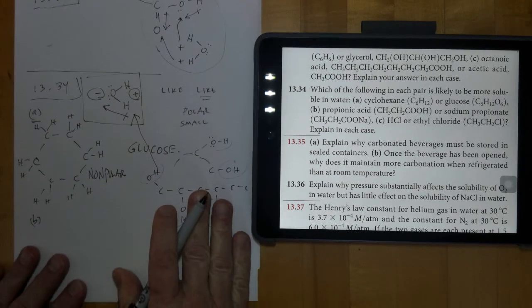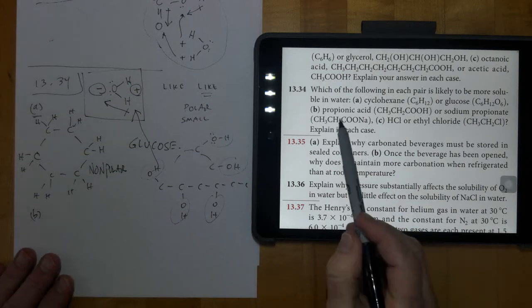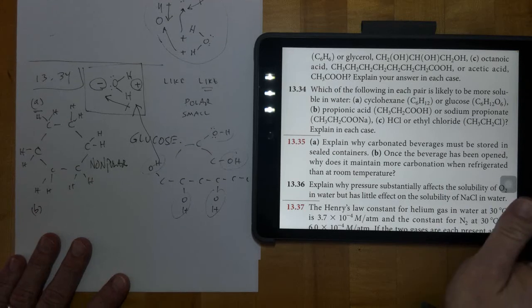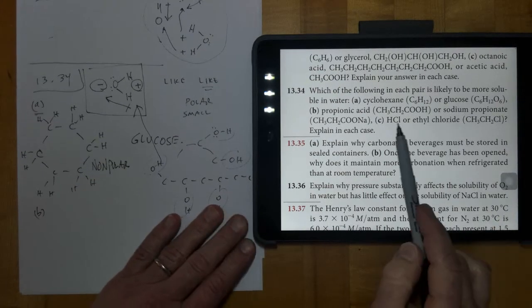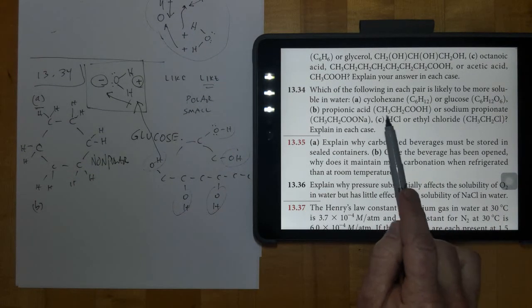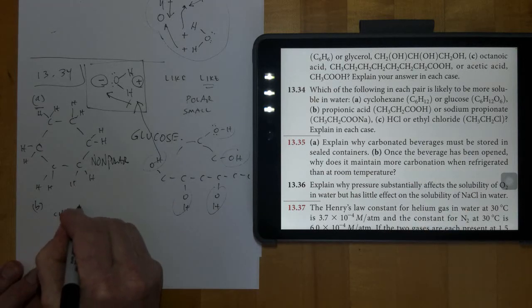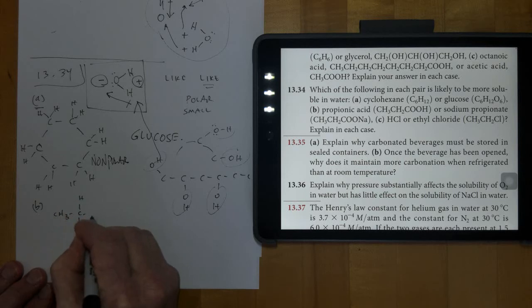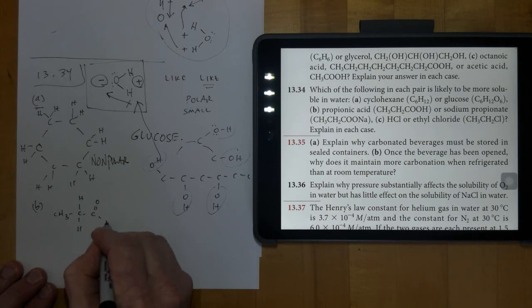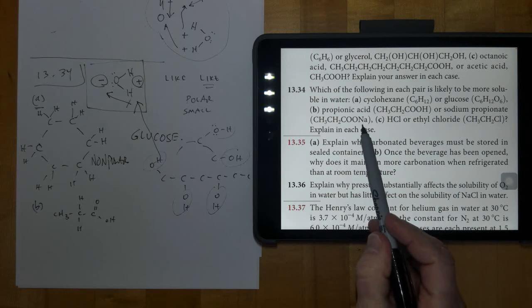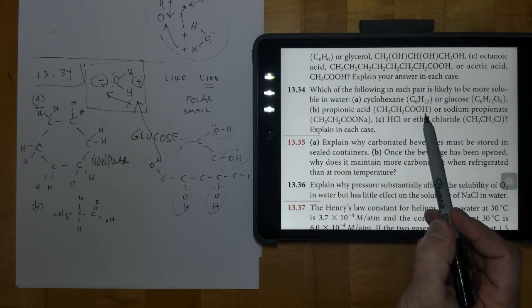Letter B, we have propionic acid or sodium propanoate. So in this one, we've got propionic acid, so you can see that this kind of tells you the Lewis dot structure. CH3, then there'd be a CH2, and then there'd be a C double bond OOH. That's what makes it an acid, the double bond OOH. The other one has an Na attached to it, and notice the H is gone.